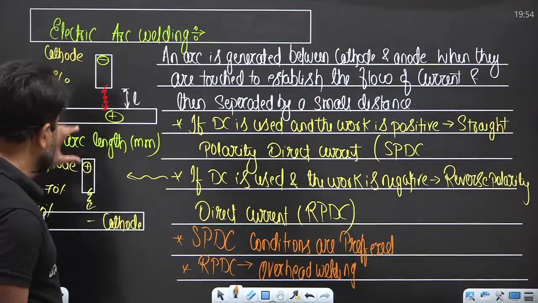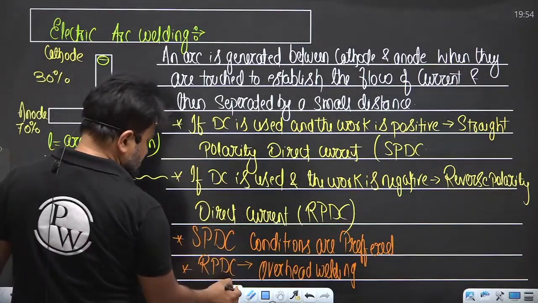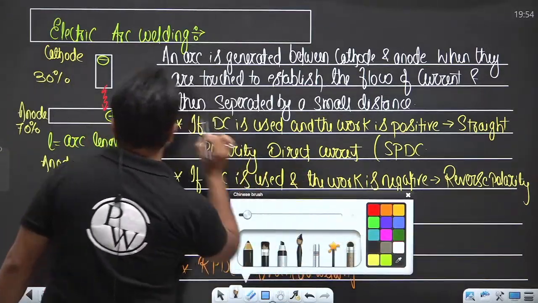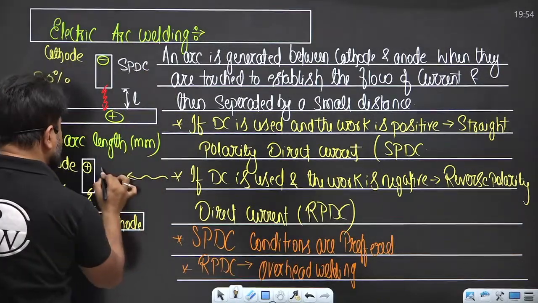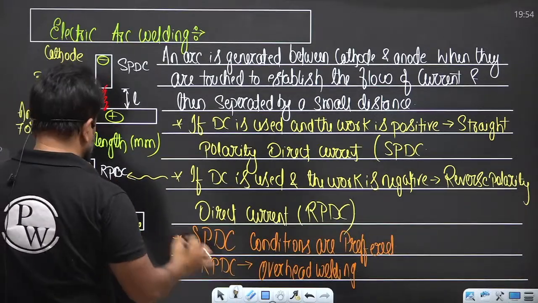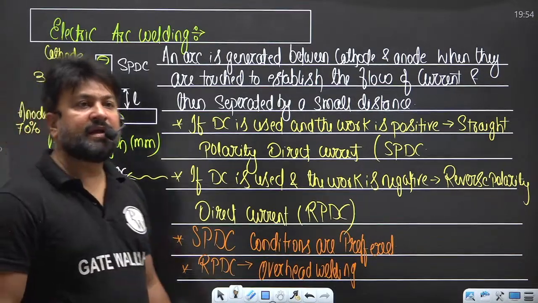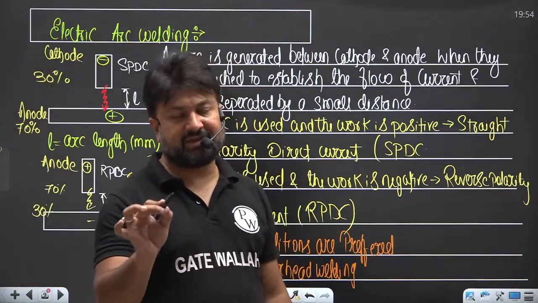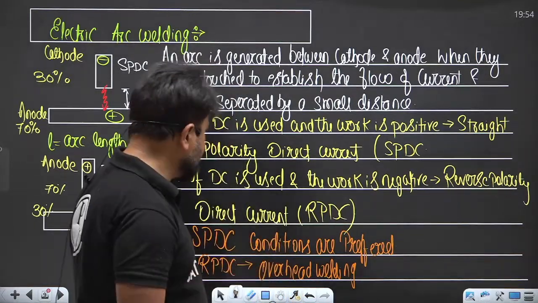Now, either you will do SPDC polarity or you will do RPDC polarity, the arc length should be constant throughout the welding. For a stable arc, the gap should be maintained.